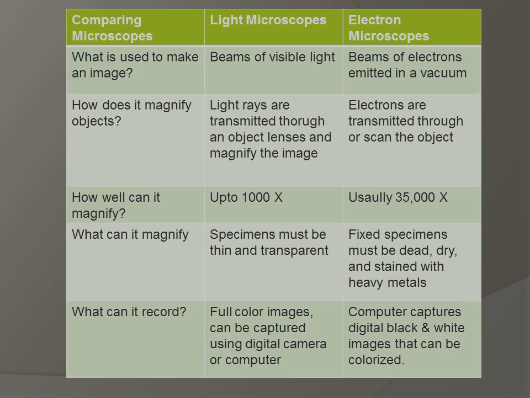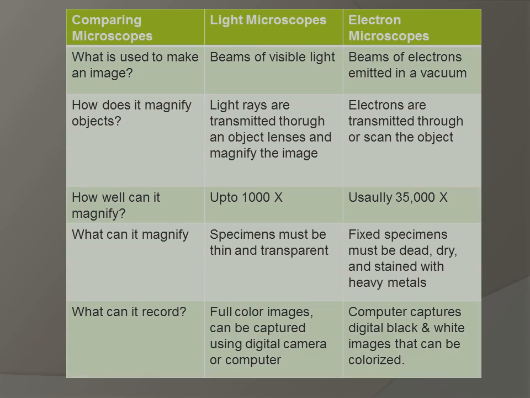Second is how it magnifies objects, what techniques are used in the magnification process. In a light microscope, light rays are transmitted through the objective lens and magnify the images. So it is very conventional. In place of light rays, electrons are used in electron microscopes, and the beam is transmitted, or it can scan the object, and it can be magnified on the fluorescent screens.